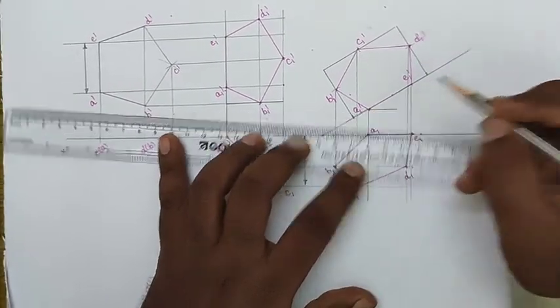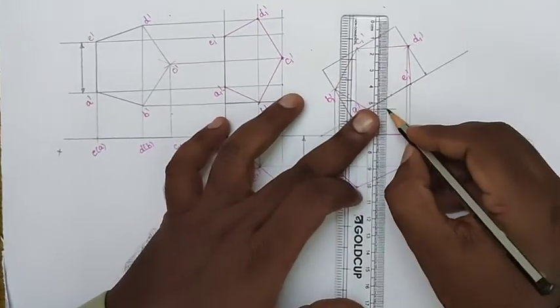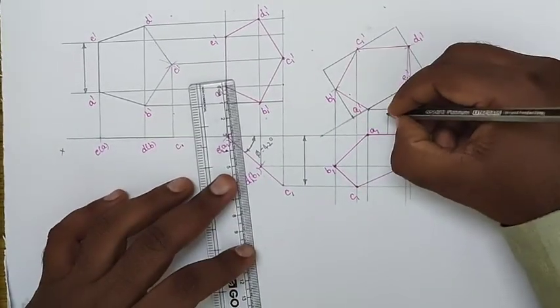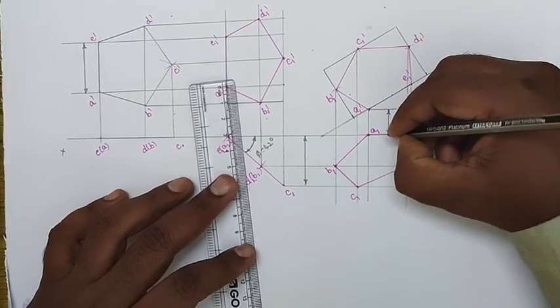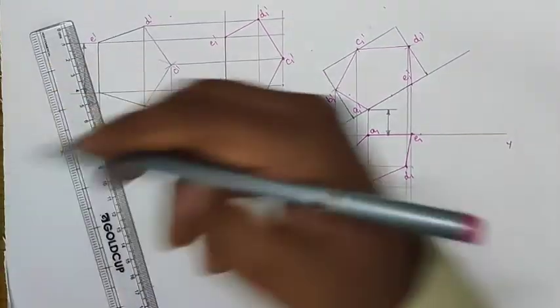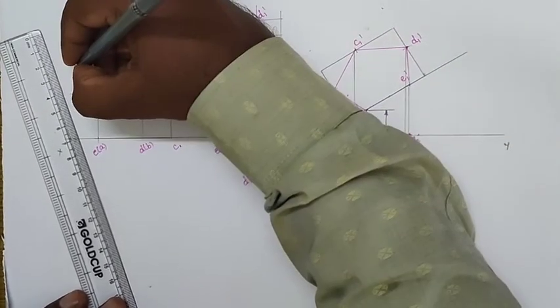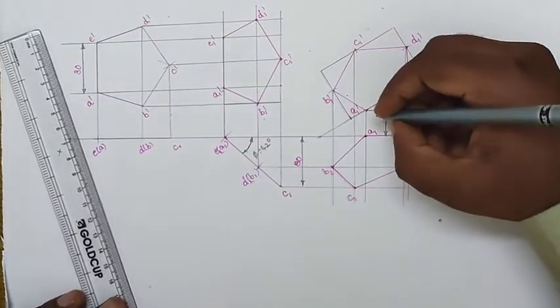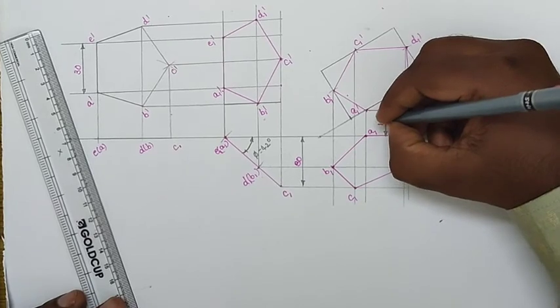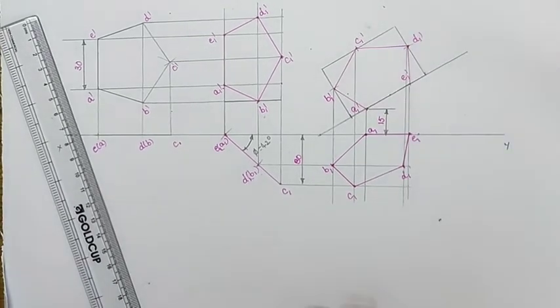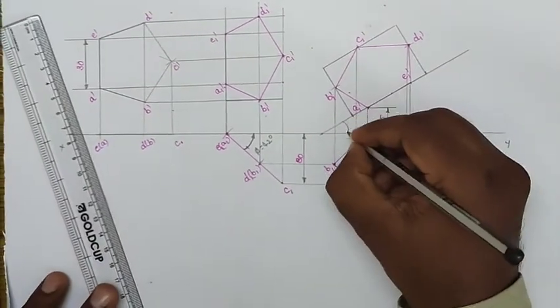Point A is 15 mm above HP. This is 30 mm in front of the VP, the side is 30, and the corner is 15 mm above HP with an angle of 30 degrees.